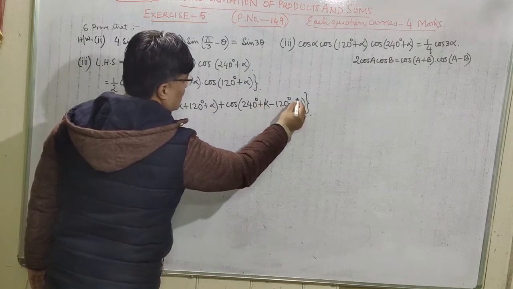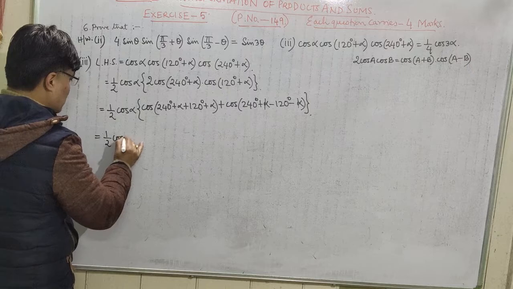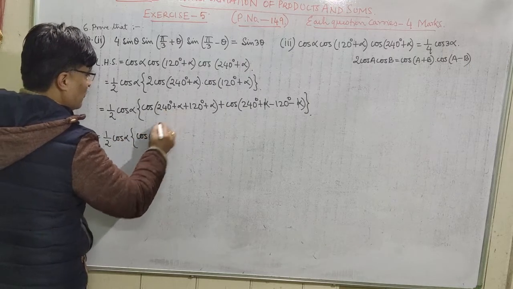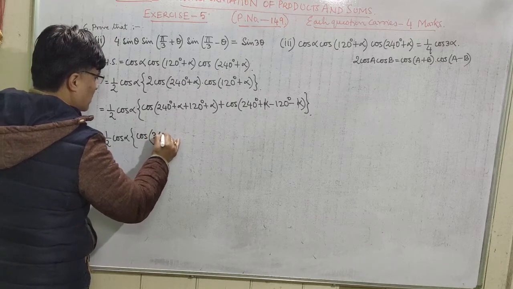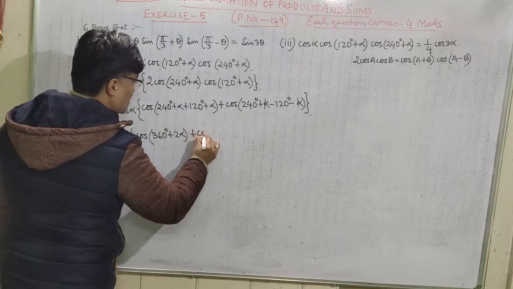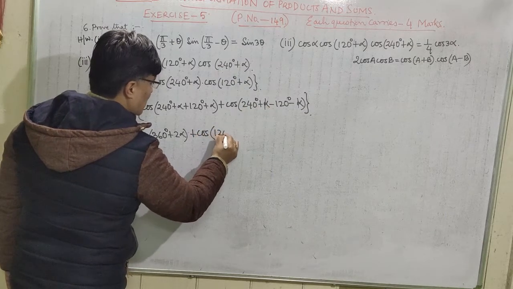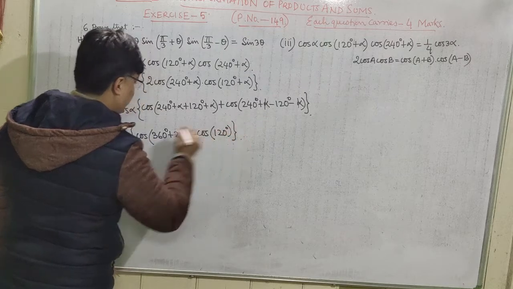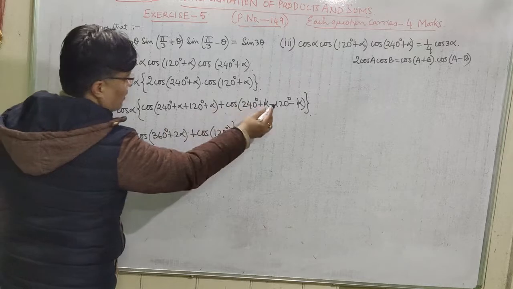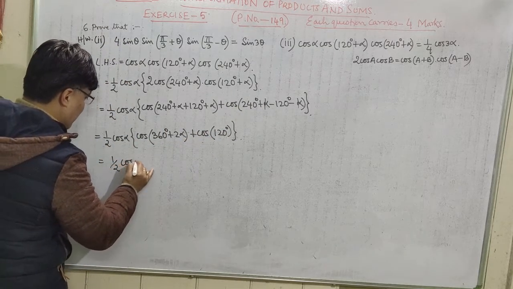So here you can cancel this alpha, which is equal to half cos alpha within second bracket. Cos, how much is it? 240 plus 120, 360 plus 2 alpha, plus cos of 240 minus 120 is 120 degree. So alpha gets cancelled, which is equal to half cos alpha.